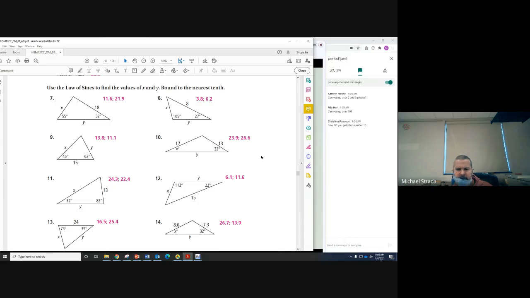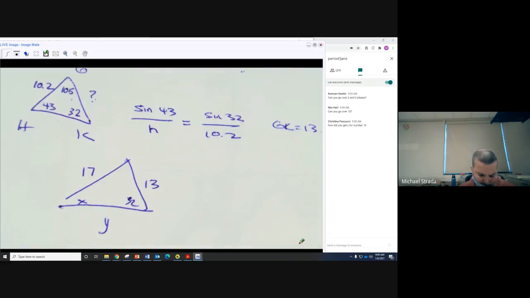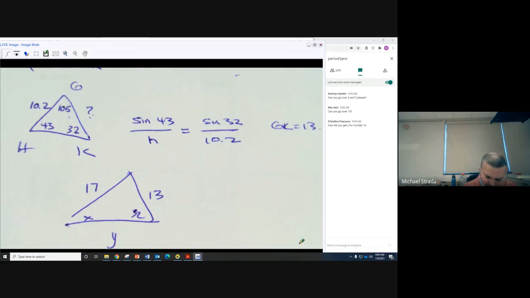That covers the first page. How did you get y for number 10? Okay, so number 10. Let me draw it out. So x, 17, 13, and y.